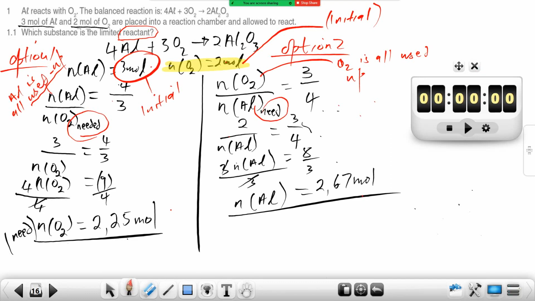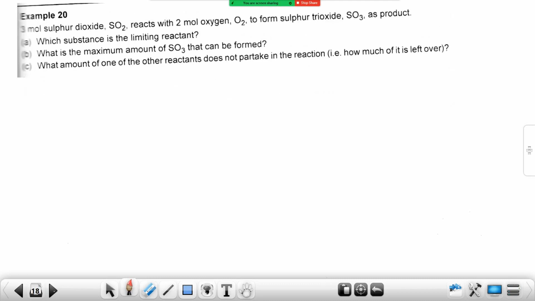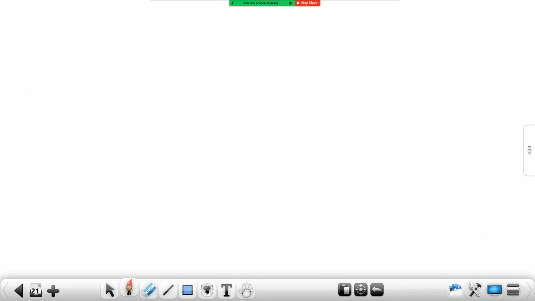Let me just try to explain the basic things of how to understand this. Let me add a page. Now, this is a fresh page.